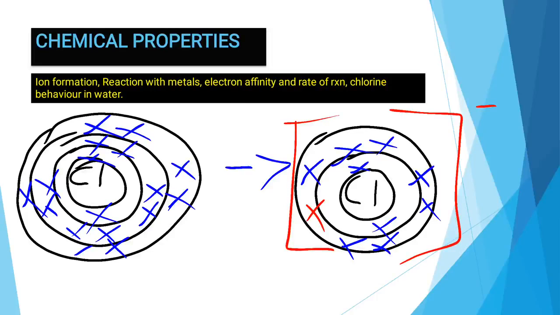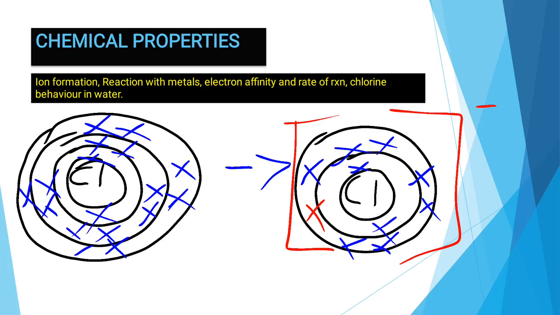Electron affinity can simply be explained as the tendency of an atom to attract electrons to itself. So when we say that the affinity of fluorine is much higher, we simply mean that fluorine has a higher tendency to attract 1 electron towards its outermost energy level to form an ion than it would be for chlorine, for bromine, and the other halogens.